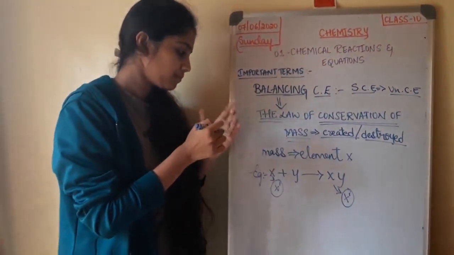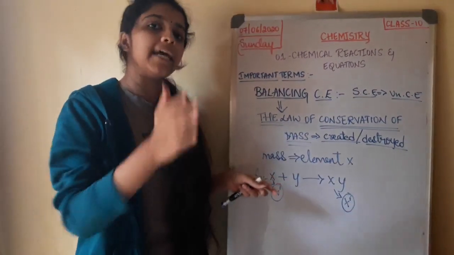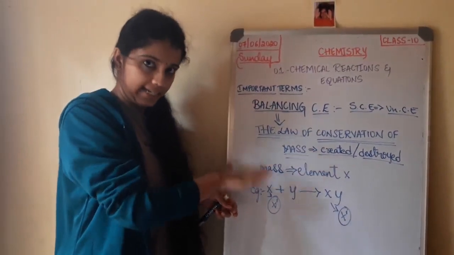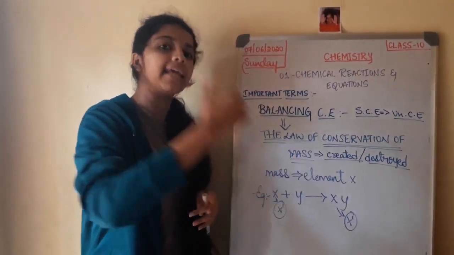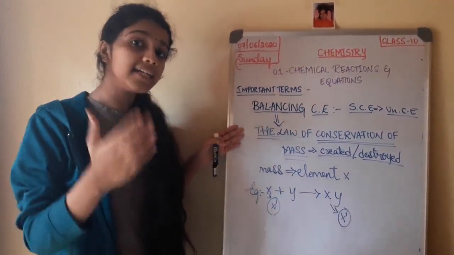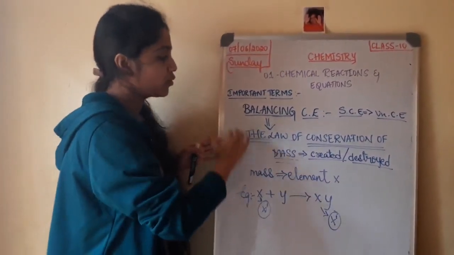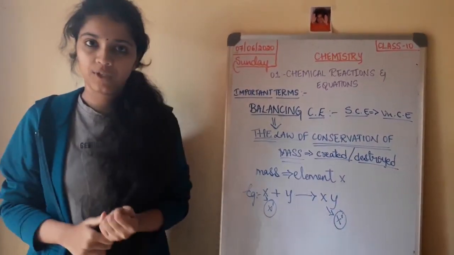That is, the mass of any element at the beginning of the reaction should and will be equal to the mass of that element at the end of the reaction. This is the law of conservation of mass, and that is why we follow this to make the reactions balanced. That is why we balance chemical equations.